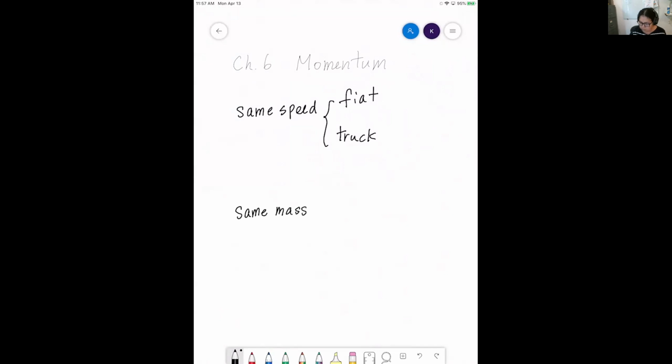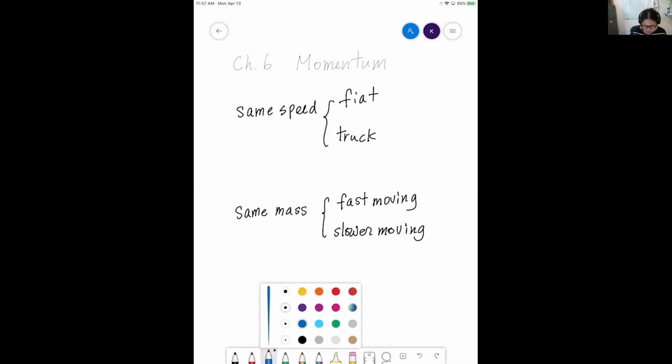But they have different motion: fast moving or slower moving. Same mass, same speed, but in this case different inertia, different mass. In this case, different motion.